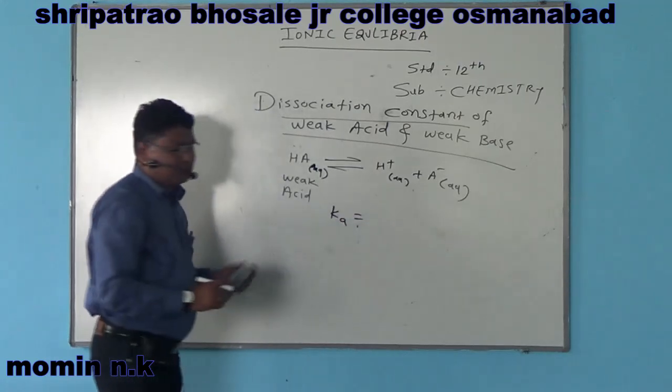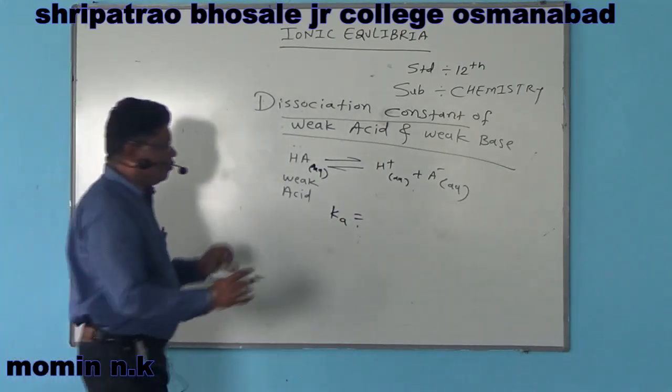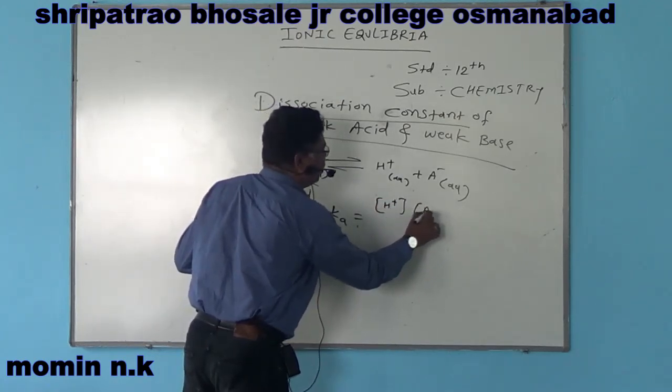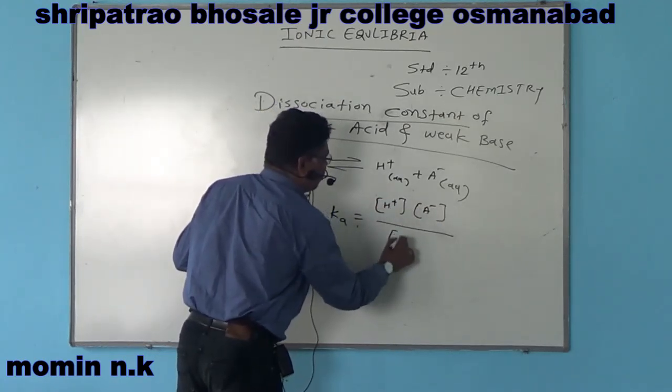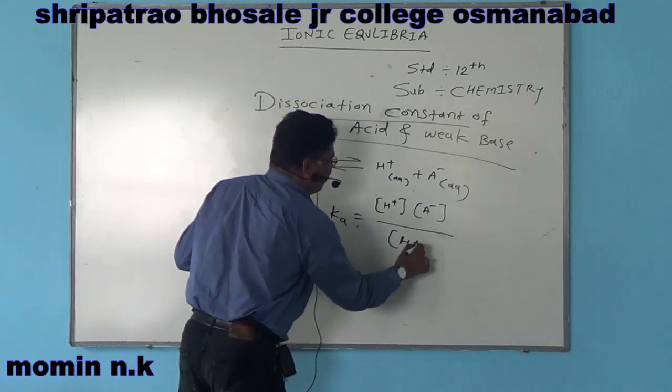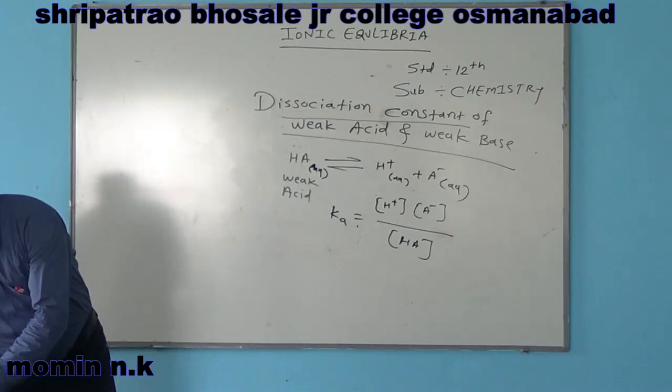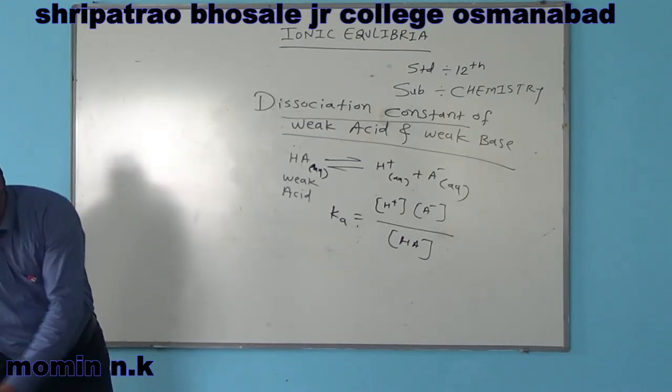Ka is equal to the concentration of H plus ions into the concentration of A minus divided by the concentration of HA. So this Ka is called the acid dissociation constant.